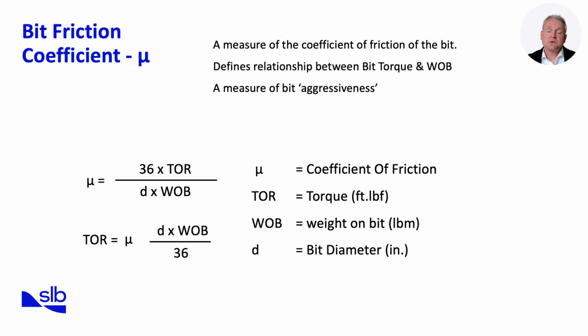TOR represents torque in foot-pounds, weight on bit is weight on bit in pounds, and D is bit diameter in inches. The constant 36 simply converts units. Understanding mu is valuable because it gives us a real-time measure of how the bit is interacting with the rock. Deviations from expected values can signal wear, balling, or changing formation properties. Next, we'll see how mu can be calculated dynamically in real time using downhole measurements.